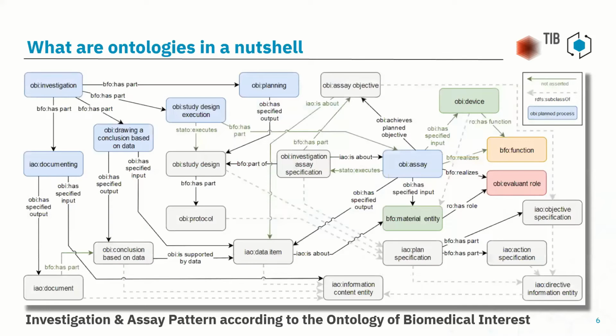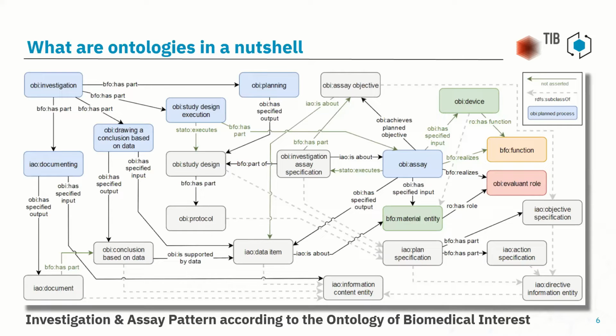And more concretely, we have ontologies mainly from the Ontology for Biomedical Investigations, which reuses quite a few other ontologies. What you can see here is a pattern of classes, which are the things defined in ontologies that represent real world entities, whether material or immaterial.